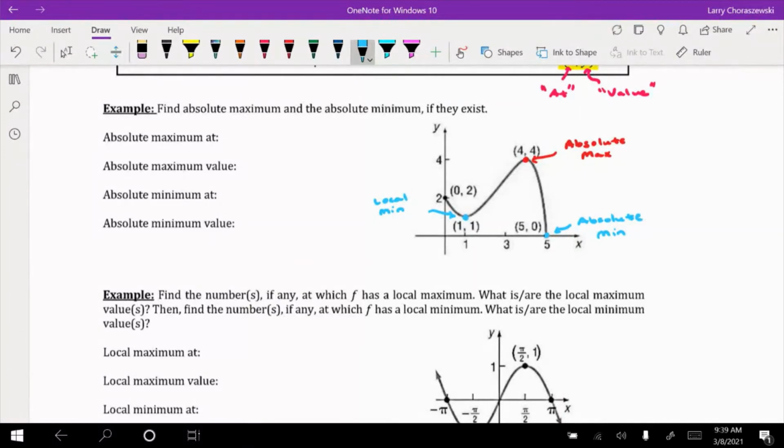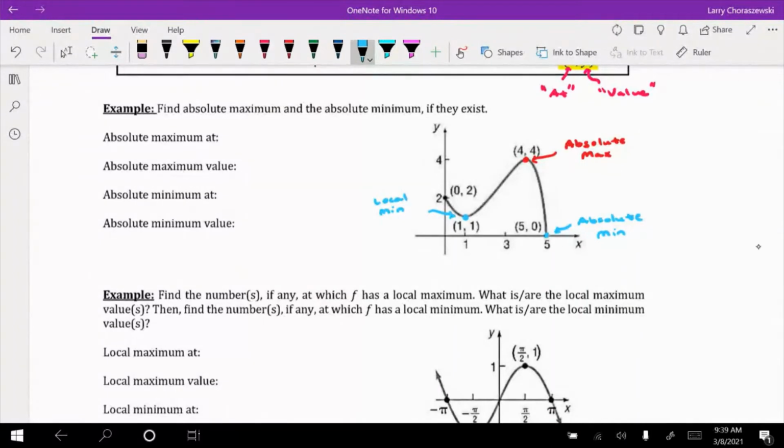Now here's where it can get a little bit dicey, and I'm not trying to complicate this for you. I just want to help you differentiate the terminology. (1, 1) is not an absolute minimum because it's not the lowest point on the graph. But referring to the absolute maximum, (4, 4), that is the highest point on the graph, but it also is the largest y value relative to the points that are near this point.